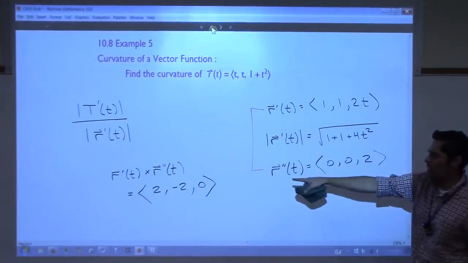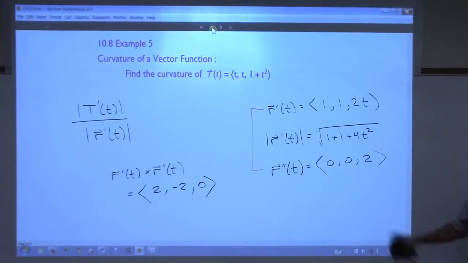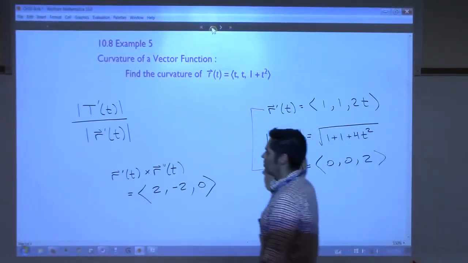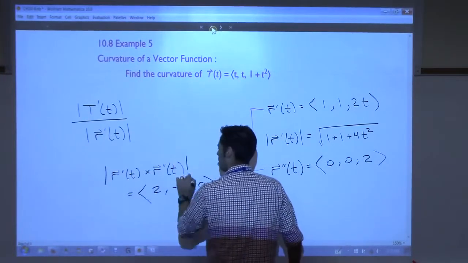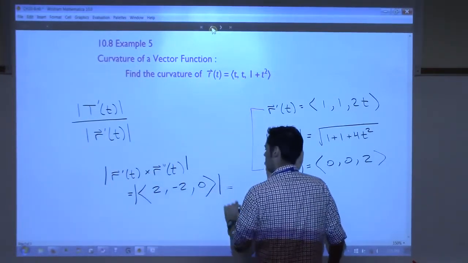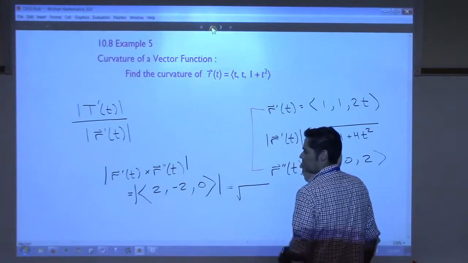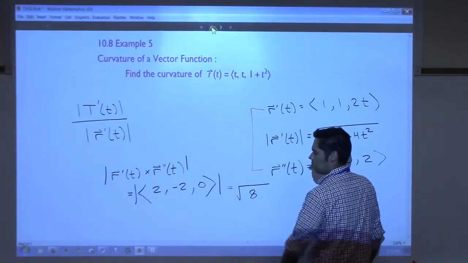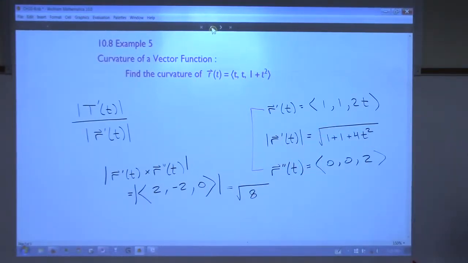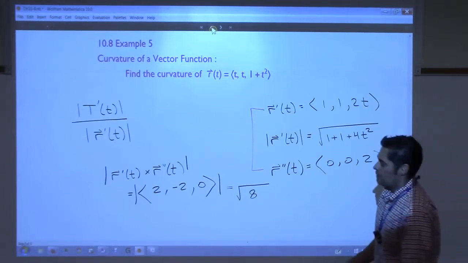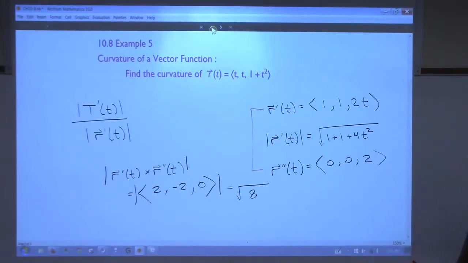What am I supposed to do with that in the formula? Find its magnitude. So what's the magnitude of this? Square root of 8, right? 4 plus 4. Shouldn't it just be 2, 2, 0? 2 minus 0. 2, what?